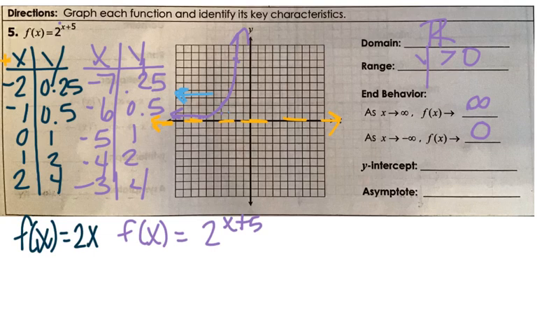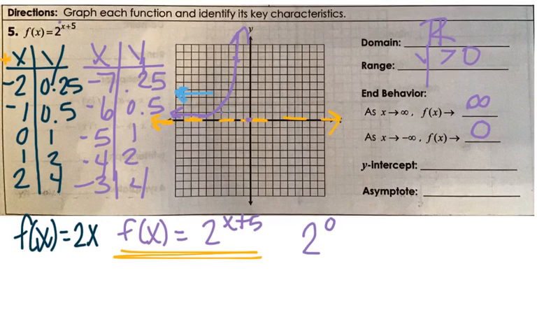So what we have to do is we know our y-intercept is at x equals 0, right? So we're going to take this function right here and we're going to plug in 0 for x. So 2 raised to the power of 0 plus 5, which is just 2 to the 5th power, which is 32.